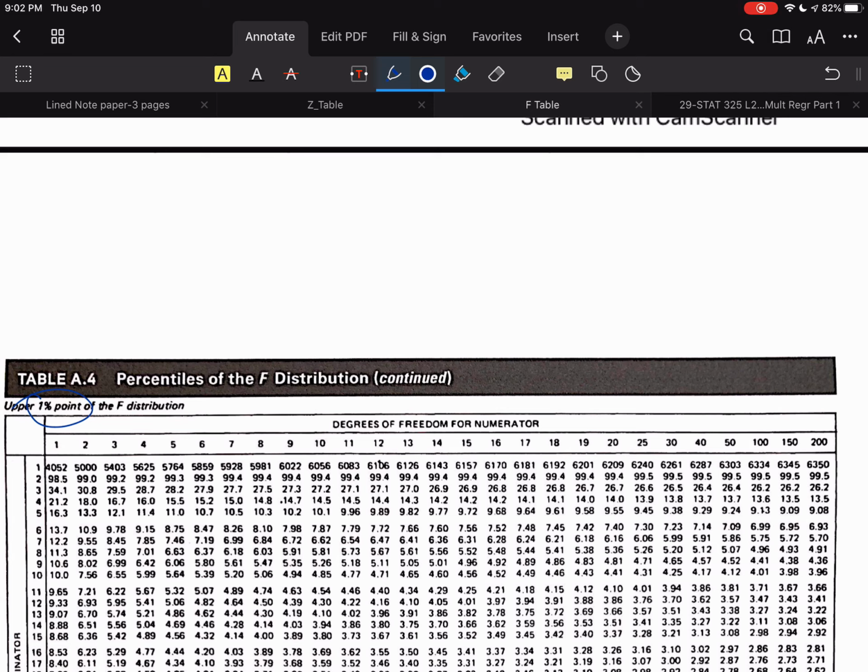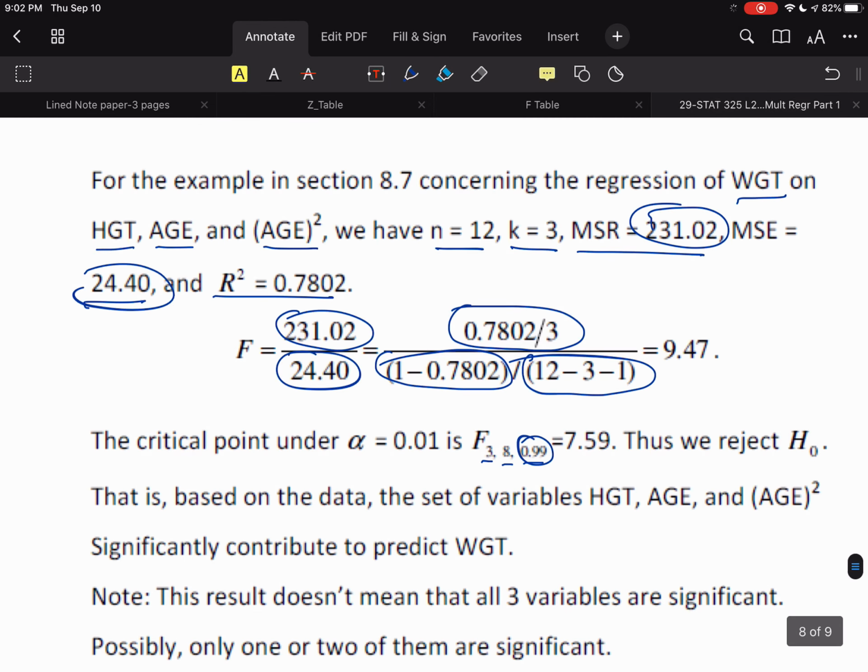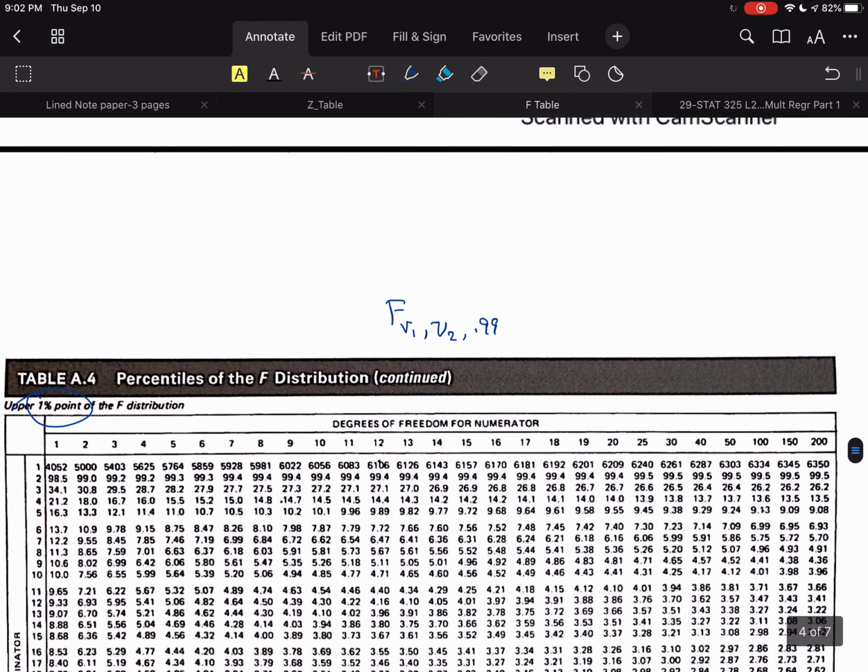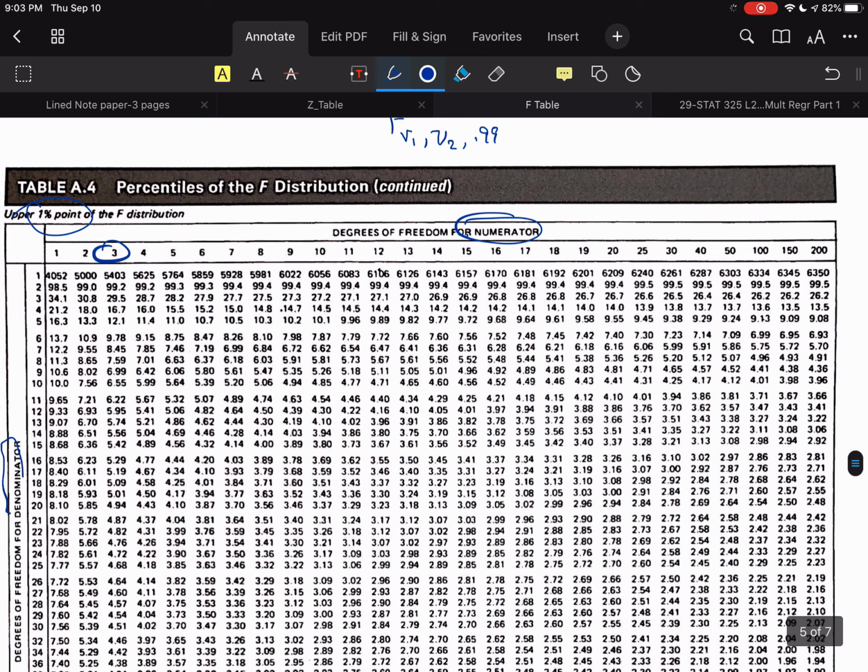So that would be F of, let's see, what do they use? Do they tell? No. Numerator nu1, nu2, and then 0.99. We were looking for 3 and 8 degrees of freedom here. 3 in the numerator, 8 in the denominator. So the numerator is here, so we want 3, and the denominator is over here, and we want 8.